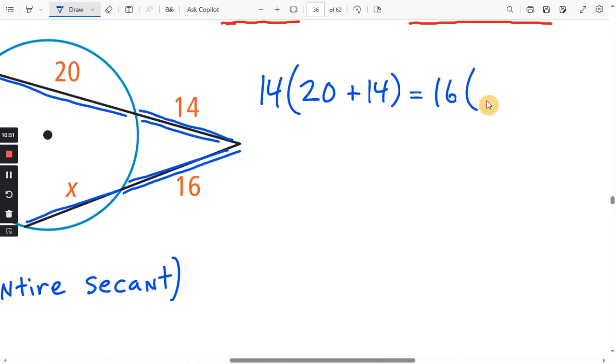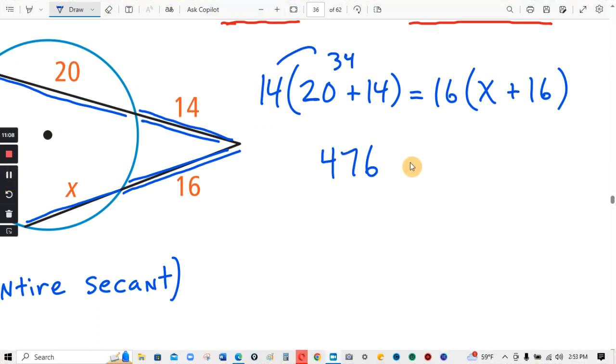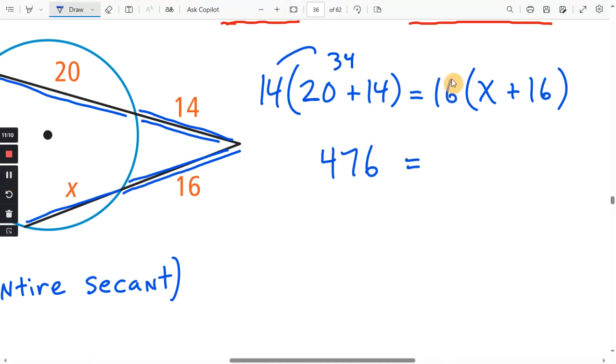So use parentheses because it's times x plus 16. On the left here, 20 plus 14 is 34. And I'll do 14 times 34, which is 476. On the right, distribute 16 times x. And 16 times 16, that's 256.